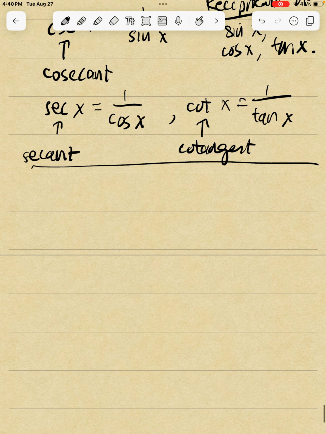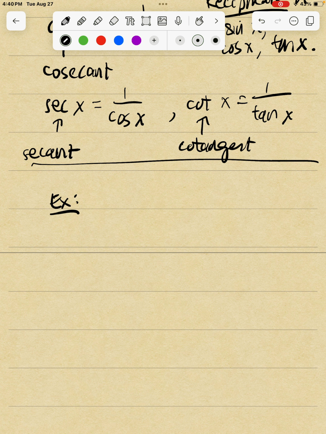Okay. Let's look at some examples with working with the inverse trig functions. So for instance, what would be arctangent of 1? Well, we would have to ask, what is the value of theta such that tangent of theta is 1, where theta has to be between negative pi over 2 and pi over 2?